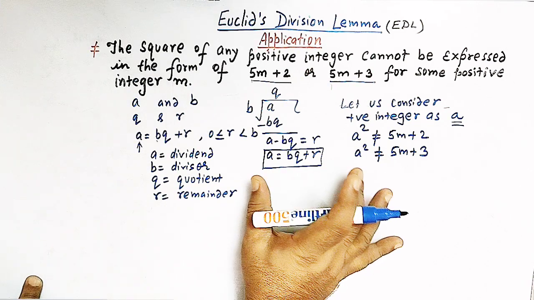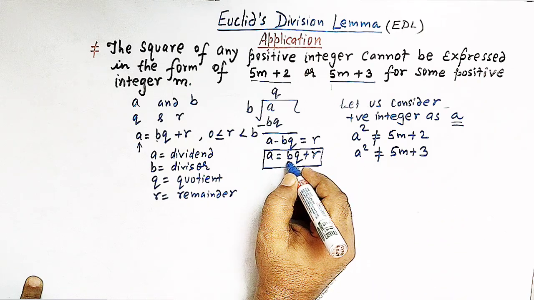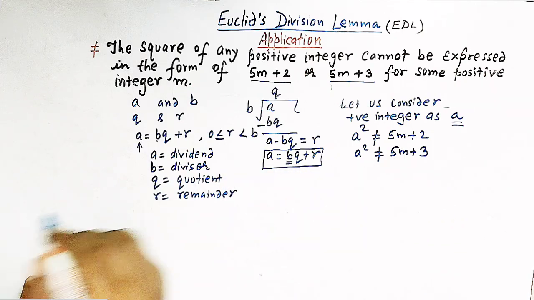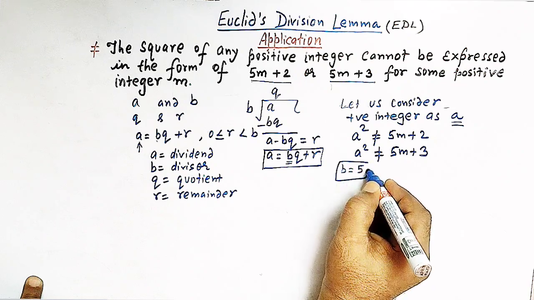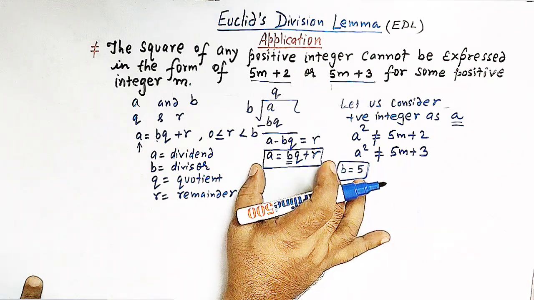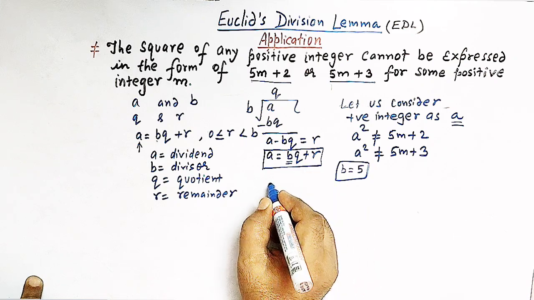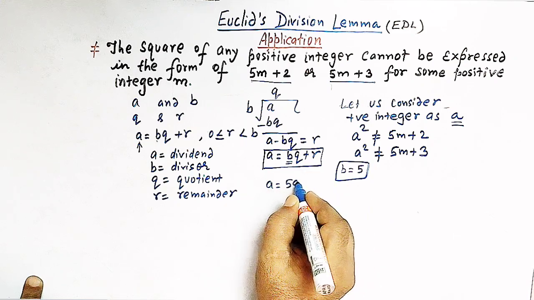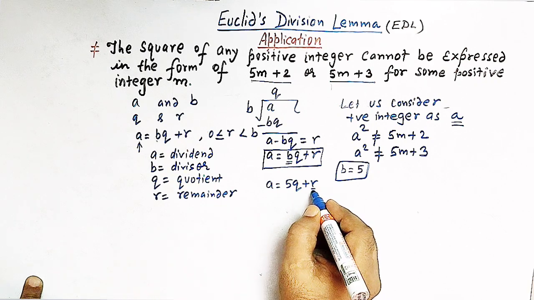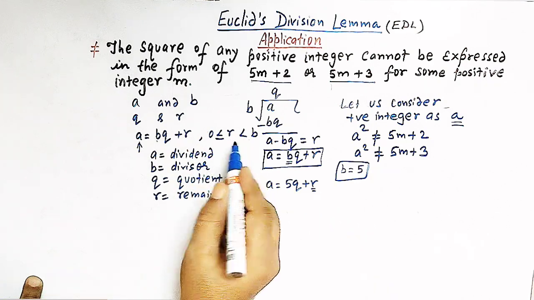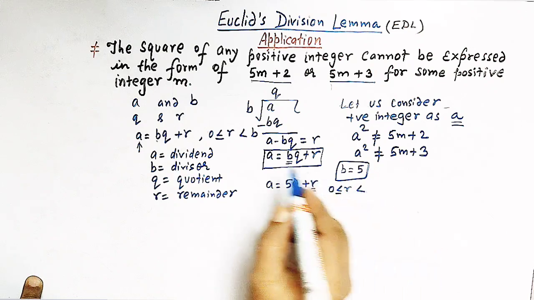Now to prove this statement, let us take the value of b as 5, right? So we take b is equal to 5, and then the statement a is equal to bq plus r becomes a is equal to 5q plus r, right? The condition on r is r greater than or equal to 0 but less than b.